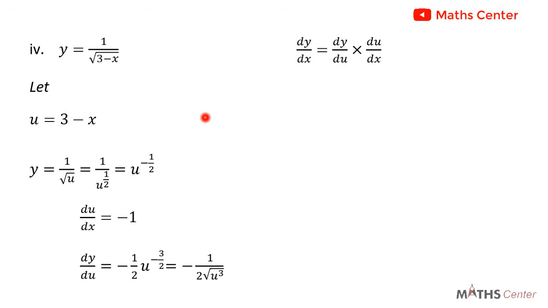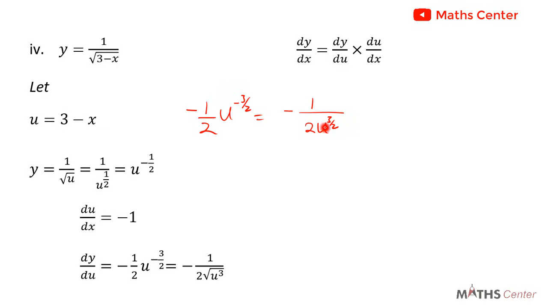Because, let's look at it. You see, we have negative half u exponent negative 3 divided by 2. Okay, so this will be equal to negative 1 divided by 2 u exponent 3 divided by 2.